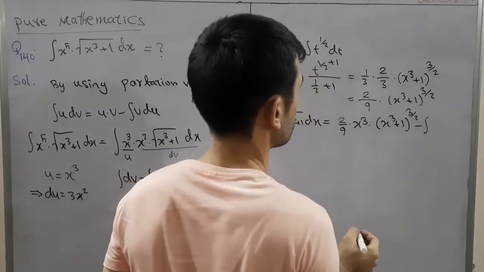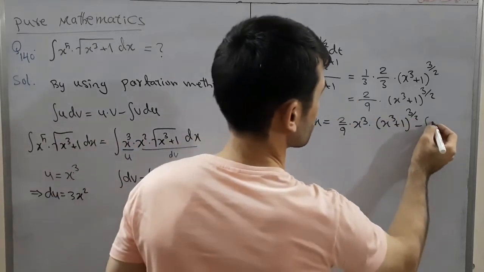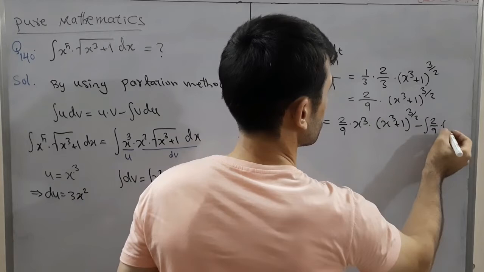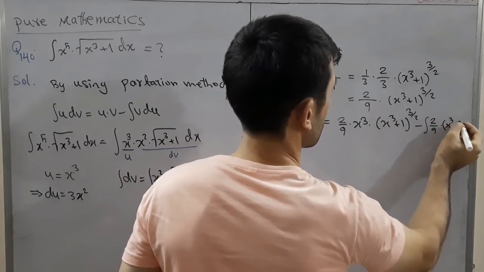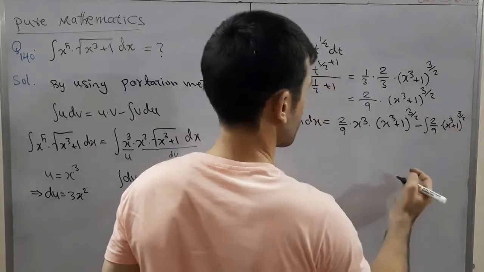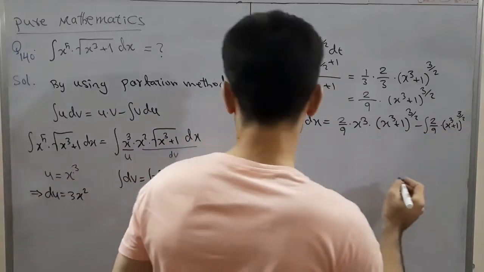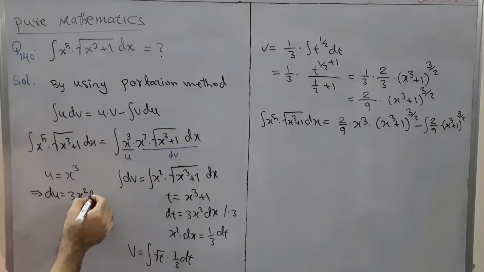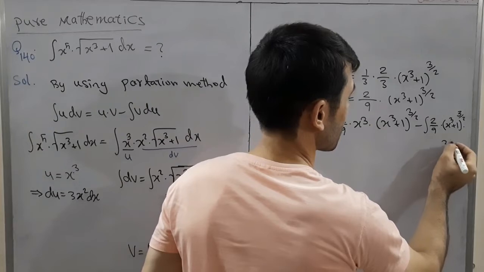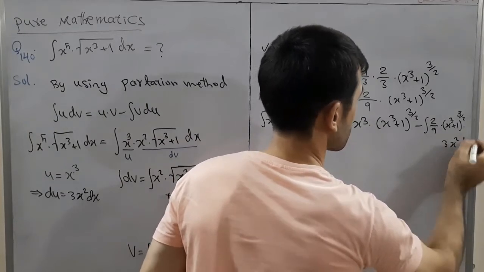v is equal to 2 over 9 into x cube plus 1 whole to the power 3 over 2, and du is equal to 3x square dx, multiplied by 3x square dx.